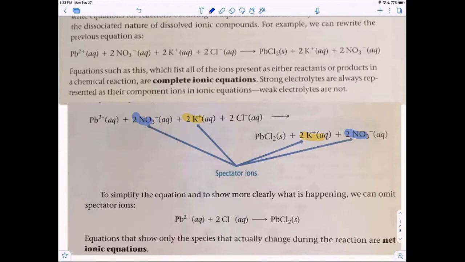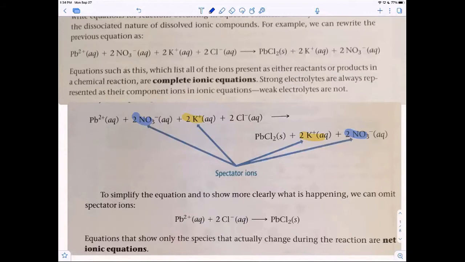You're not passing the basketball or catching the softball, whatever sport you're watching. You're in the stands, you're the spectator. Well, I guess these are doing something. They have charges and they're floating around in solution. But as far as this chemical reaction, they're not really participating at all, at least in the overall reaction.